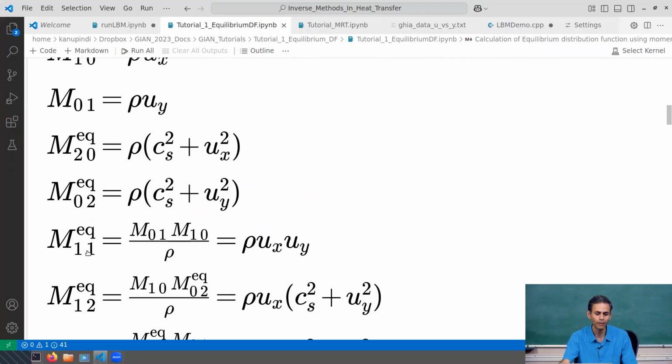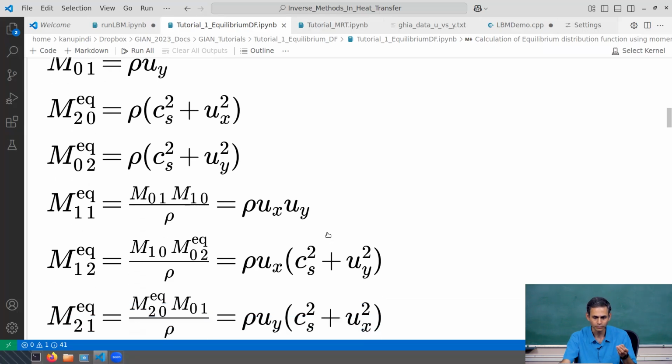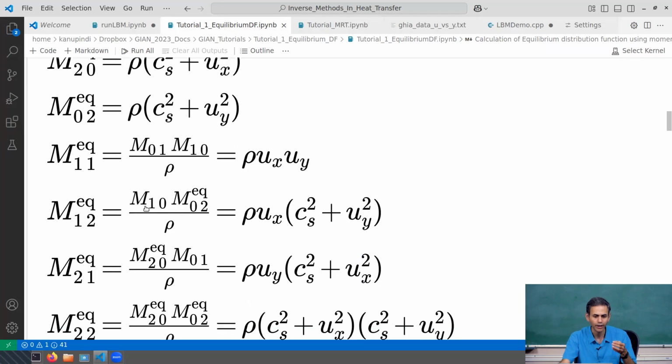Then what will be M11 equilibrium? M11 equilibrium would be the product of M01 times M10 divided by the density. So I multiply rho ux times rho uy divided by rho, which gives me rho times ux uy. Similarly, M12 equilibrium would be M10 times M02 equilibrium divided by rho, which gives rho ux for M10, and M02 equilibrium is rho times (CS square plus uy square). I have one extra rho which will cancel out the second rho.